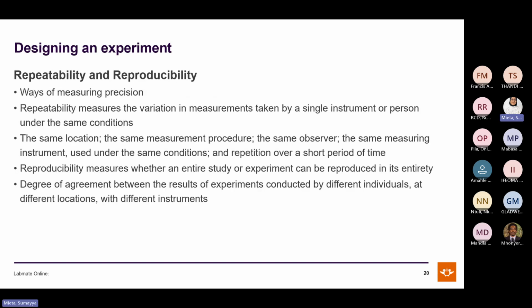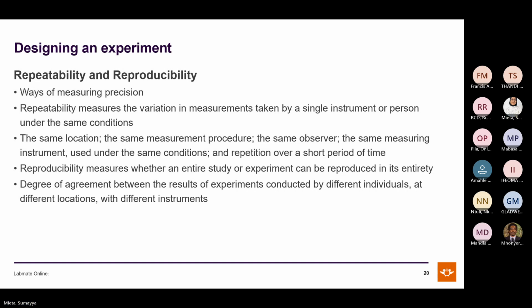Then another factor that we really need to look at when we're designing our experiments is the terms repeatability and reproducibility. And what do we mean by this? It is very important that our experiments can be done. Firstly, they can be repeated and we will get the same results or very closely related results.